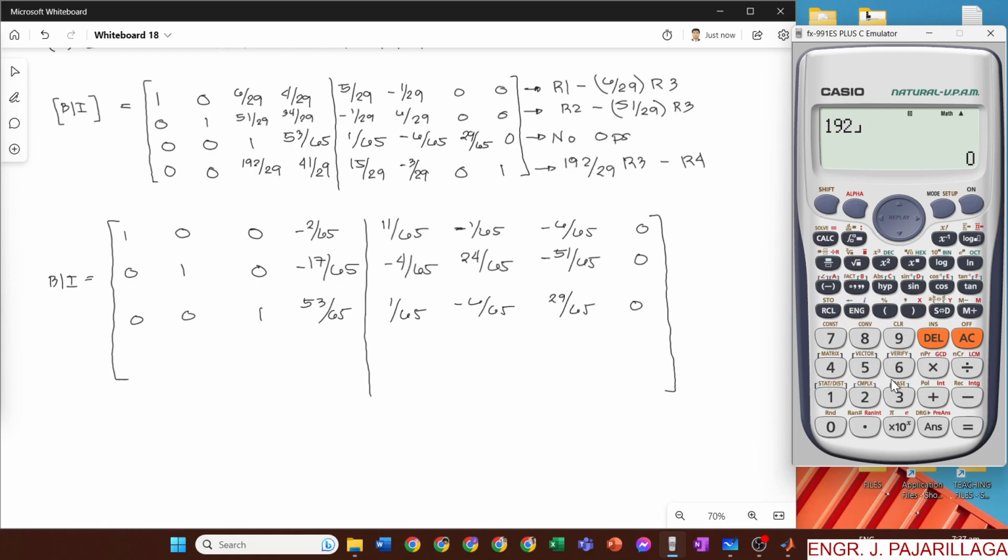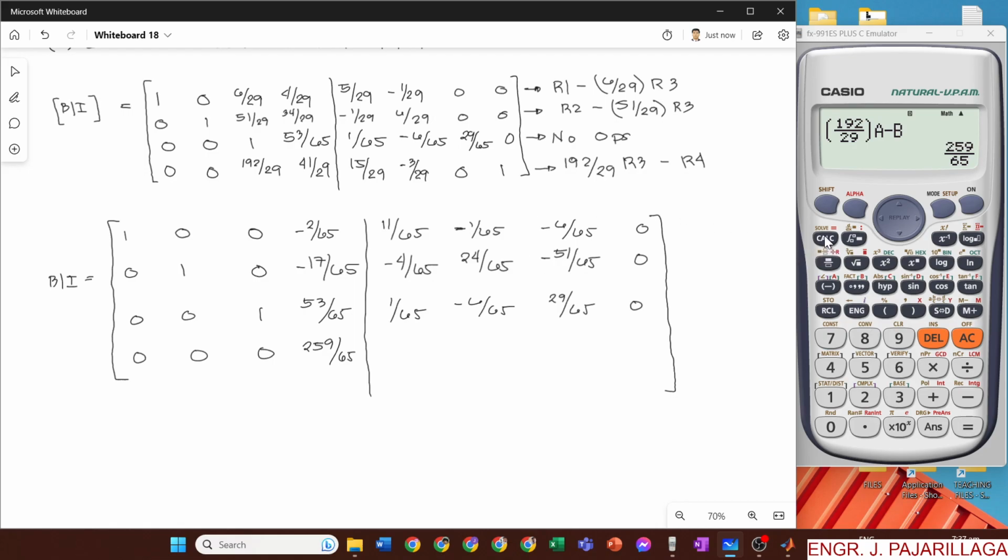Then we have 0. Ay, ito pala 0, 0, 0. Okay? And then we have now again, calc. The value for row 3 is 53 over 65. And the value for row 4 is 41 over 29. And we have 259 over 65.